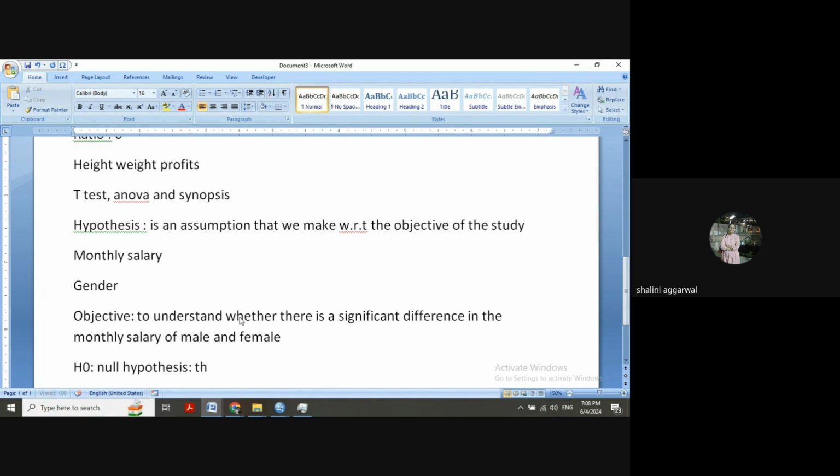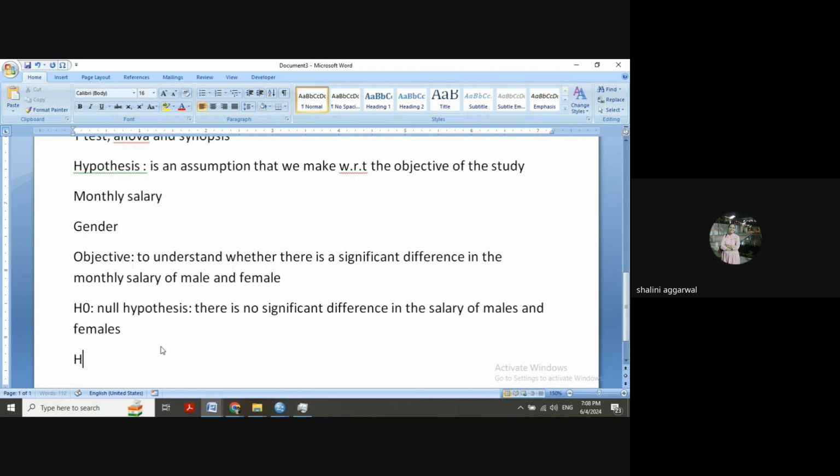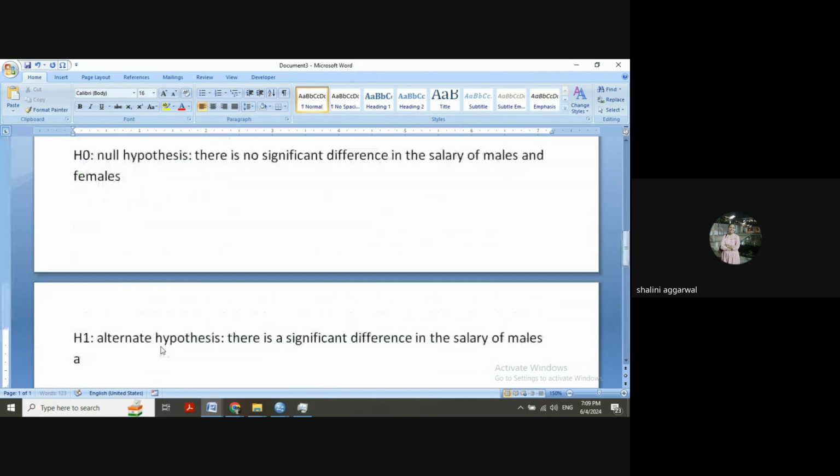It means we always write this as there is no significant difference in the salary of males and females. Let me write it first as the alternate hypothesis, where we say there is a significant difference in the salary of males and females.